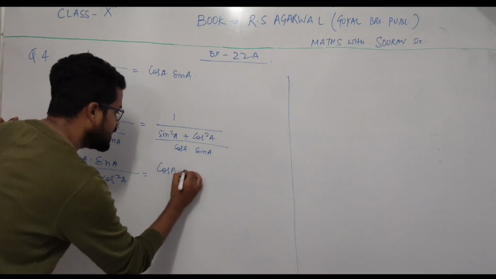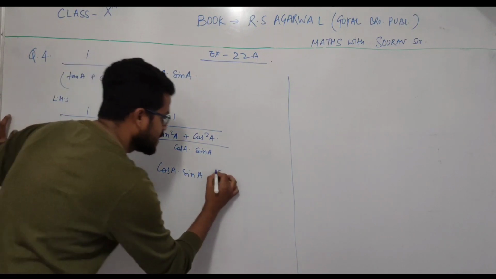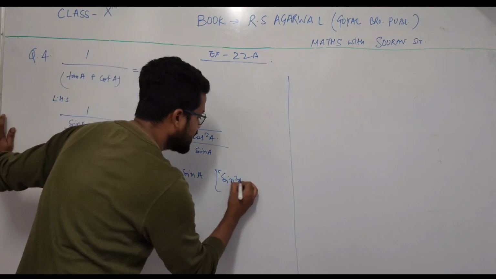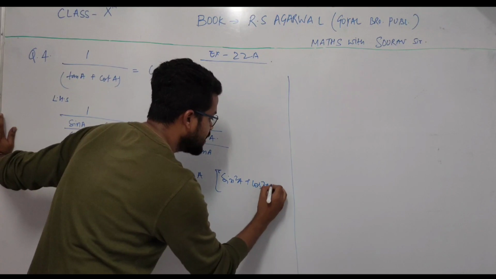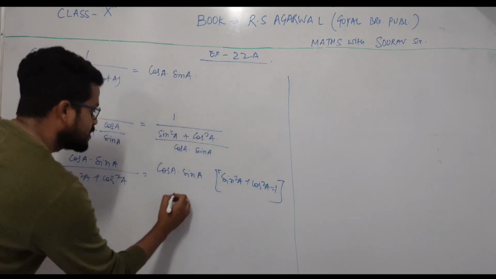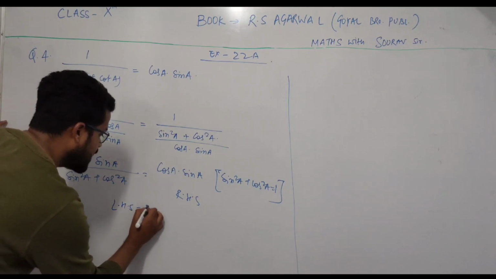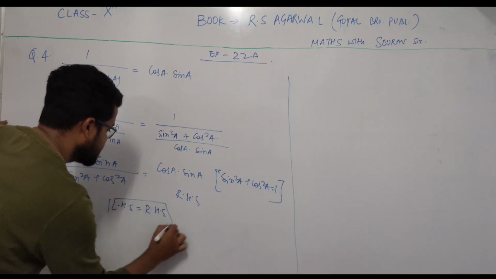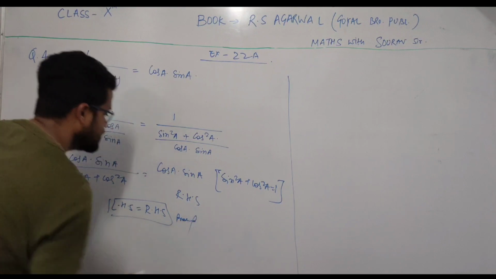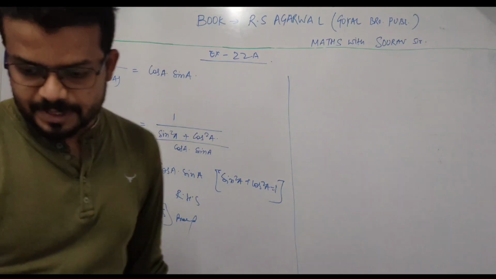So this is cos A into sin A, because sin square A plus cos square A is equal to 1. So this is RHS, and we proved this LHS is equal to RHS. Okay, this is question number 4.